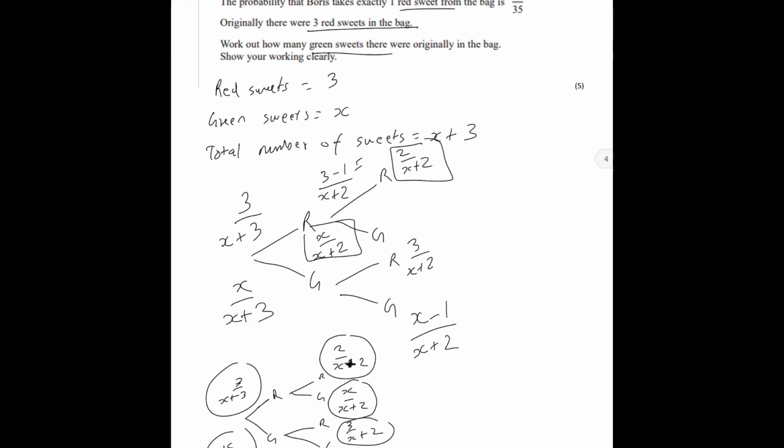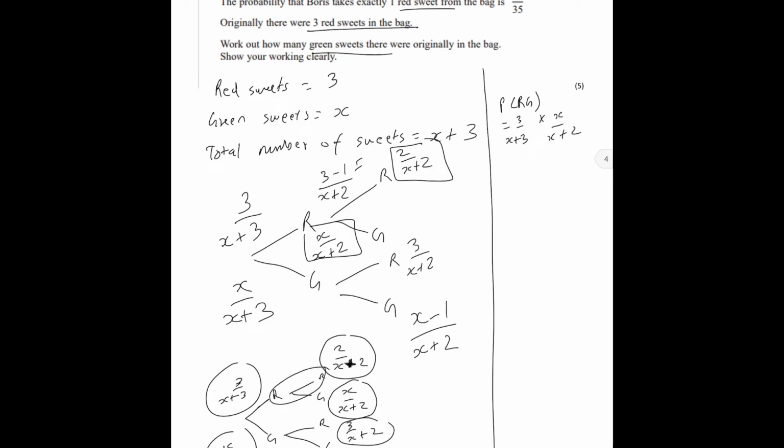So now what's a probability? There's no space here, okay. So I'm just gonna put something here. Now what's a probability of getting red green? The probability of us getting red green is that you have to just multiply these two values. 3 by x plus 3, you have to just multiply it by x plus 2.